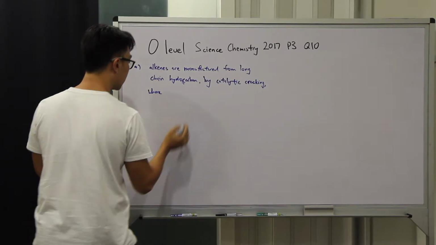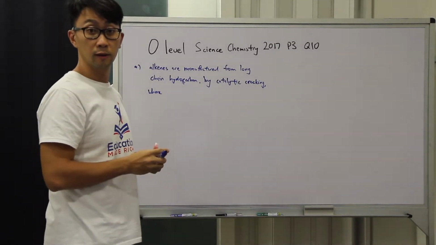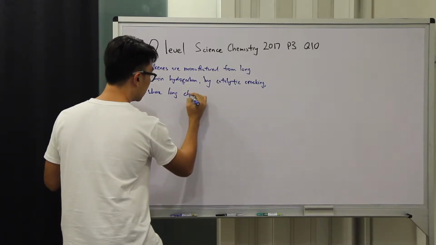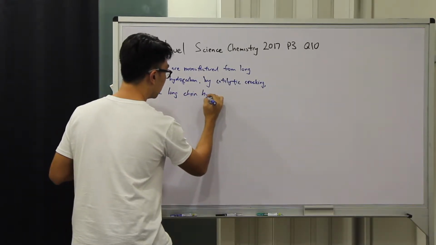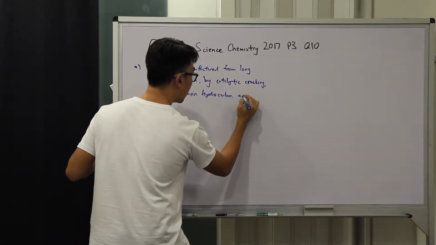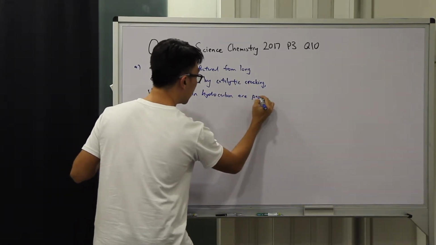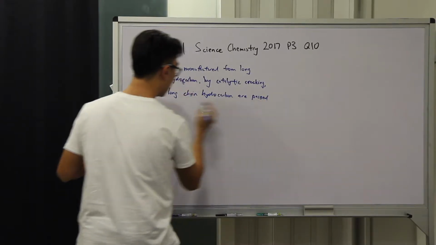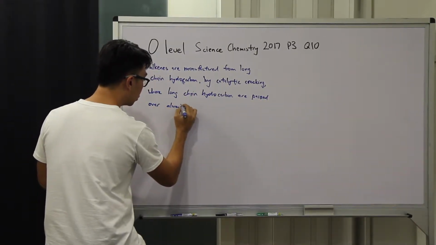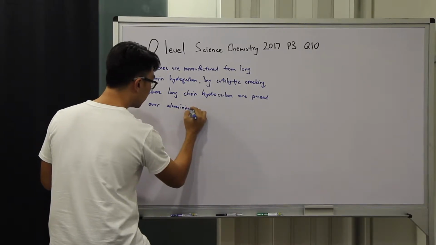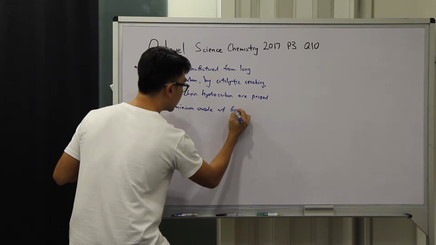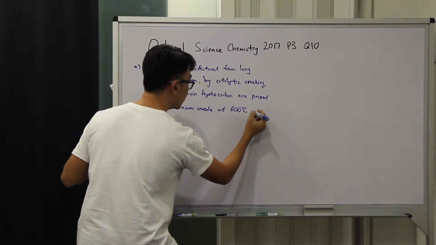where long-chain hydrocarbon are passed over aluminium oxide at 600 degrees Celsius.